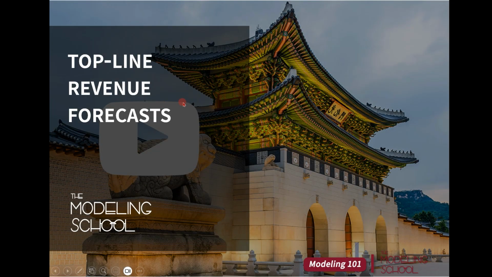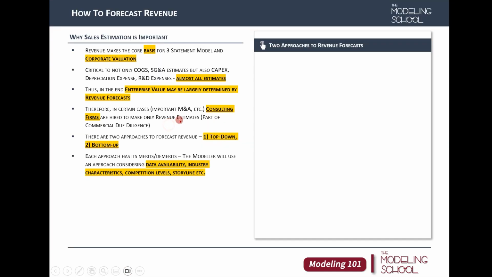Let us begin our financial modeling practice from revenue forecast, which is also sometimes called top-line forecast. Sales estimation, as I mentioned before, is one of the most important estimates that we will be making in our financial model.